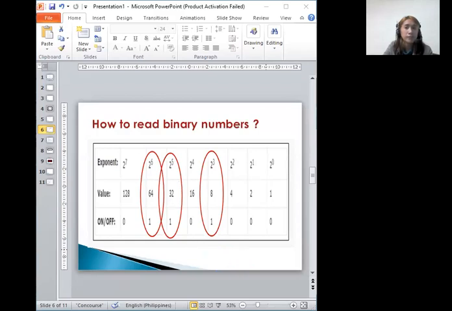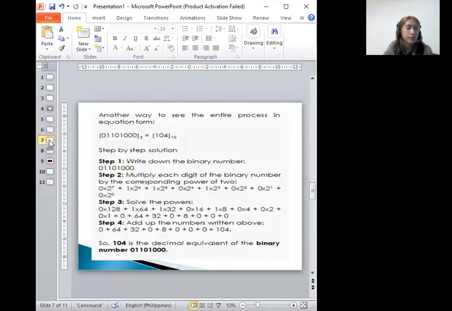Next. So another way to see the entire process in equation form is like this. Step-by-step solution, you're going to write down the binary number, then you're going to multiply each digit of the binary number by the corresponding power of 2.